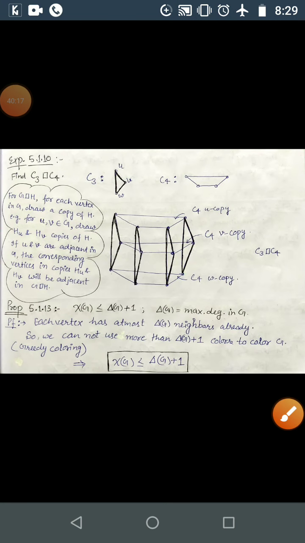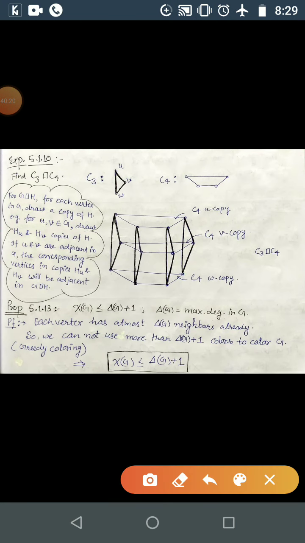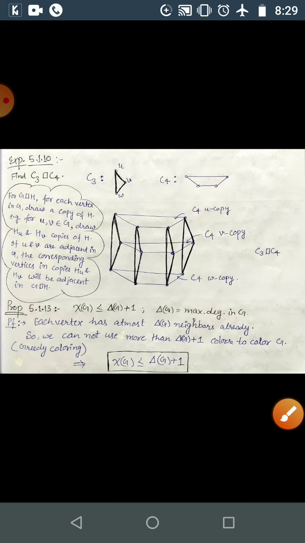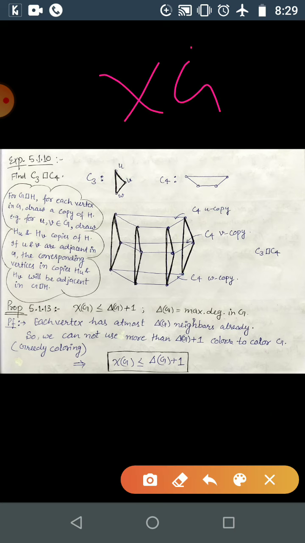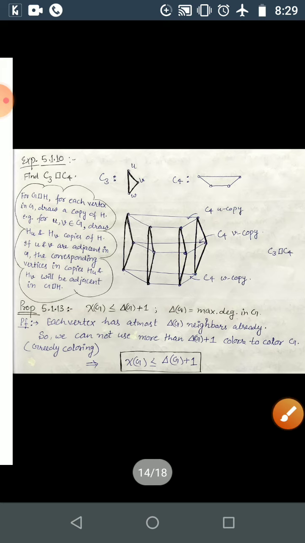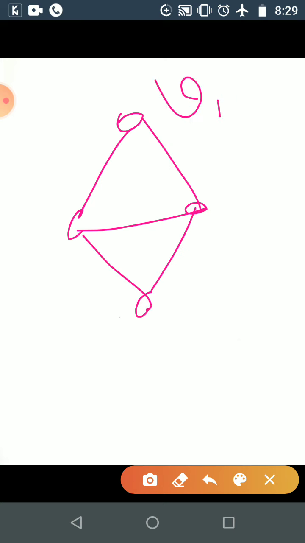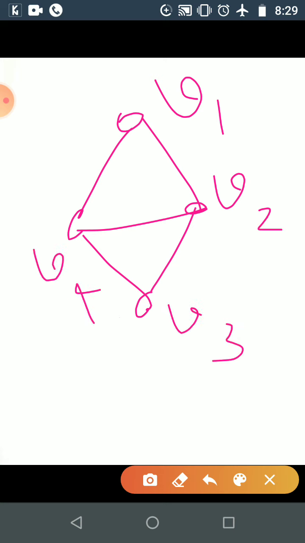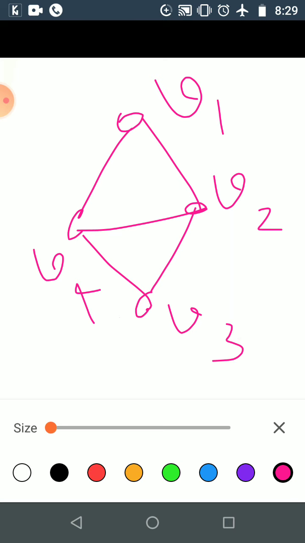Now we can have some proposition. So there is one greedy coloring to find the upper bound of the chromatic number of this one. How? If you have some graph, for example this is your graph, and you order the vertices as V1, V2, V3, V4 and use colors.